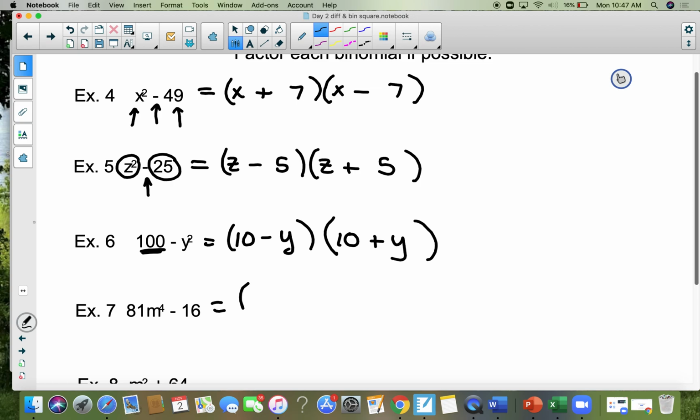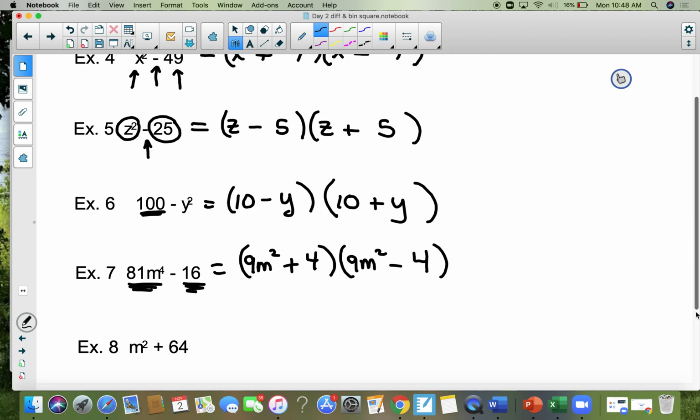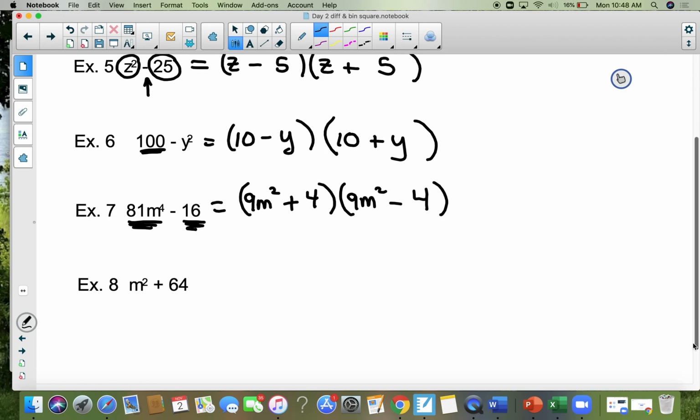Okay, the next one, we have two more problems and we're done with the notes. Notice that this is perfect and this is perfect. 81 is 9m squared and 9m squared. 16 is not 8, it's 4 and 4, and it's a plus and a minus. And the last problem of the day, notice that there's a plus sign right there.